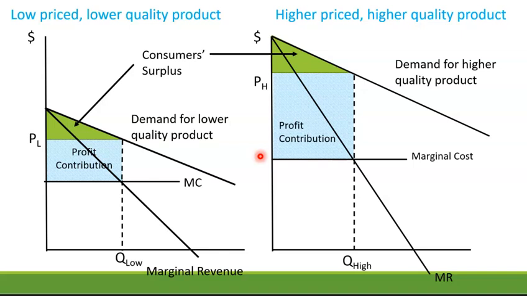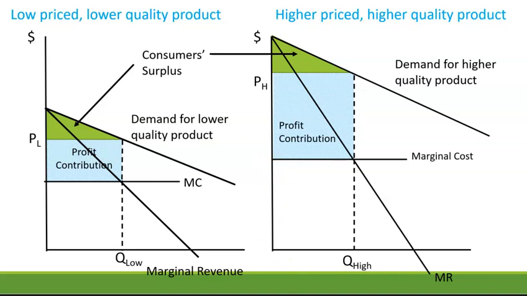That's inevitable if we're going to offer a higher quality product, something with some extras in some sense. But the point is that the higher price is going to more than offset the increased marginal cost.